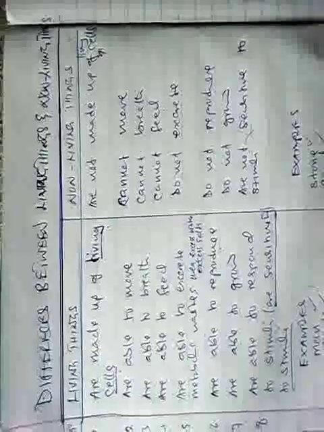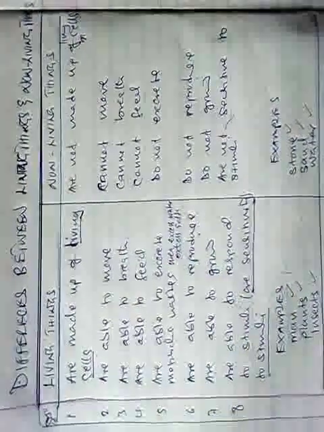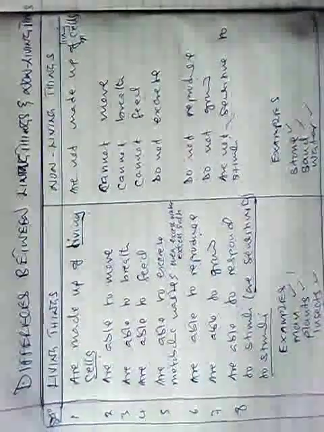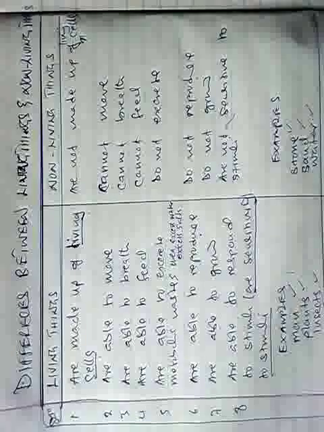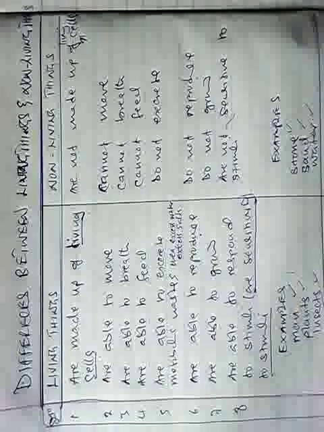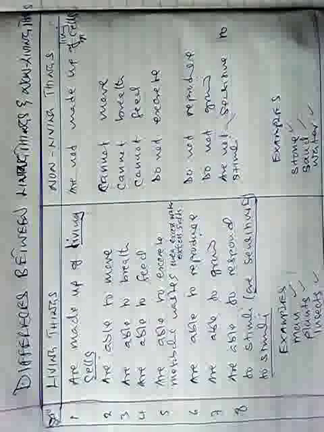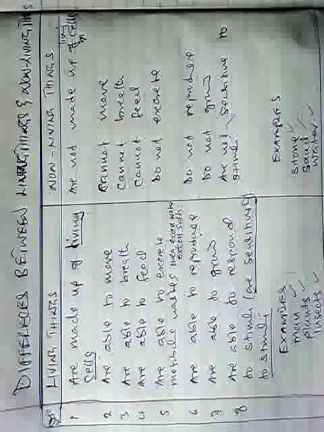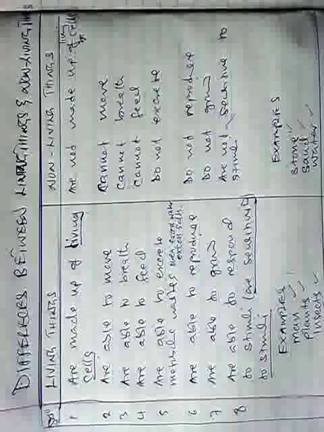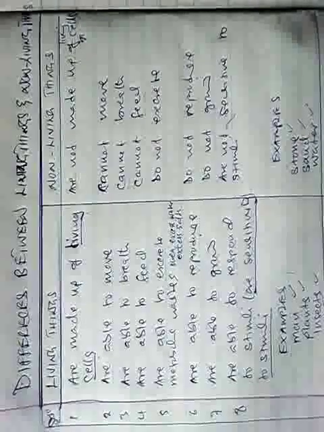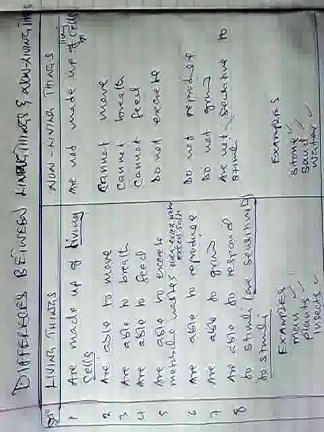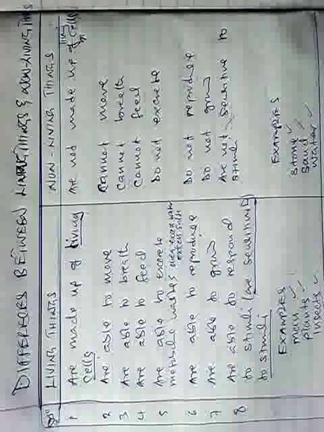You take the same characteristics of living things, you make them positive on one side. On the non-living things side it is negative. They are not able to do these characteristics like movement, growth, feeding, excretion, reproduction, and they are not able to respond to stimuli. So that is basically what you need to understand.